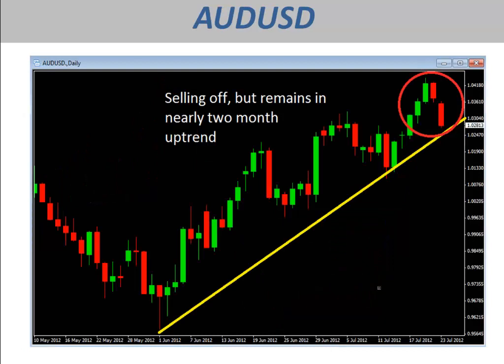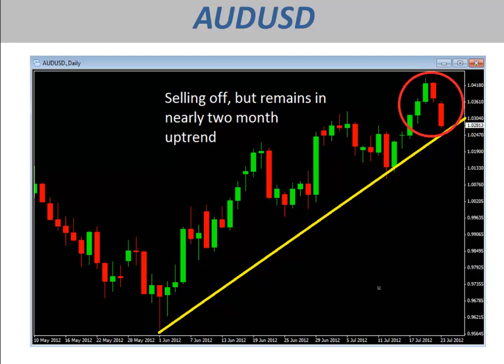Next chart, the Australian dollar. If you take a look at this chart, over nearly two months the Australian dollar has gone from about 0.96 all the way up to 1.04, a nice 9% move higher versus the US dollar. We mentioned before, this is a big week for US earnings.